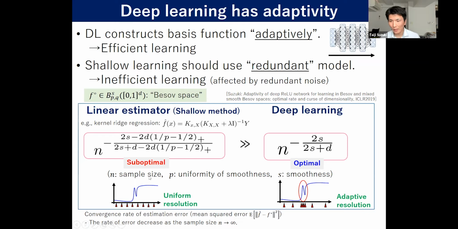If the true function is not uniformly smooth, then p can be small. In other words, if the true function has this kind of bump shape, then p can be small, and if the true function is uniformly smooth, then p can be large. But if p is small, this term cannot be neglected. So there appears a huge difference between kernel ridge regression and deep learning.